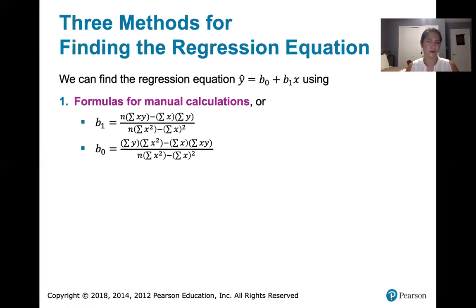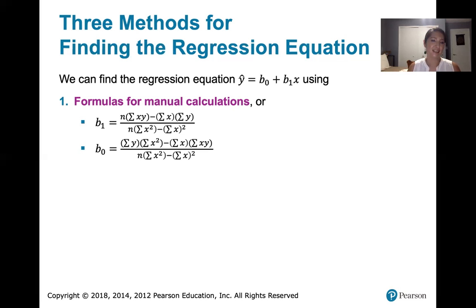So even though there's a lot of little calculations that you have to do there, it's good to be familiar where these b sub 1 and b sub 0 come from. It's all based on the data, and that's what I want you to see. So I'd like for you to do at least a few manual calculations using these formulas.